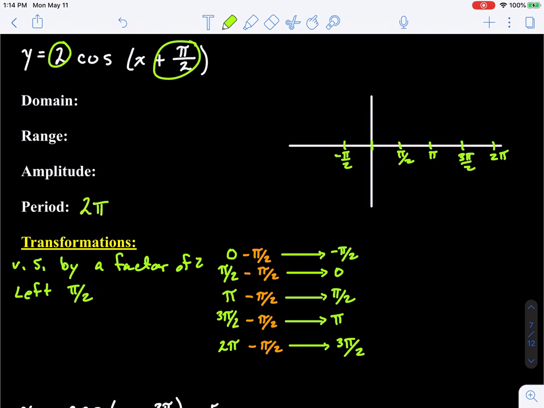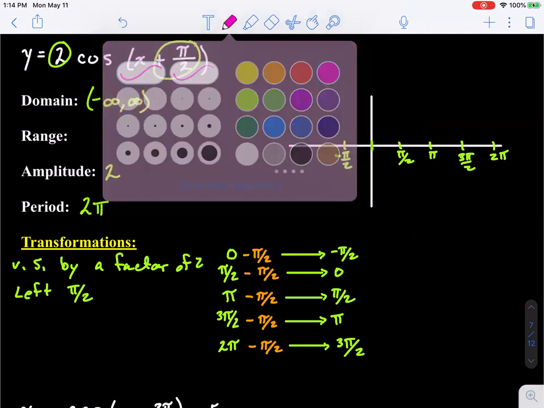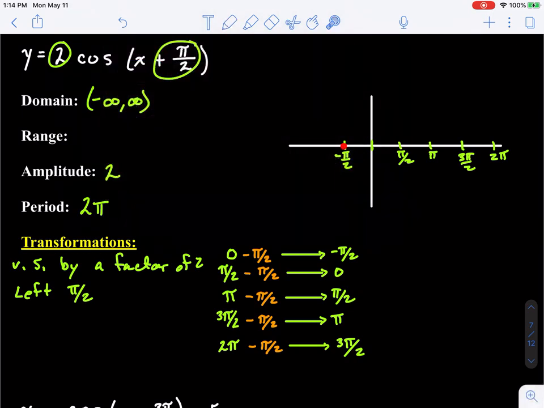The amplitude is your 2 right here, so we can go ahead and fill some information in. Domain is always negative infinity and infinity. And if you think about plotting your points here, at negative pi over 2, we don't start on the x-axis for cosine. We start at the high point.